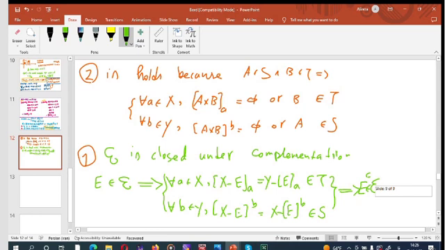So this is not X, this is X multiplied by Y, okay?